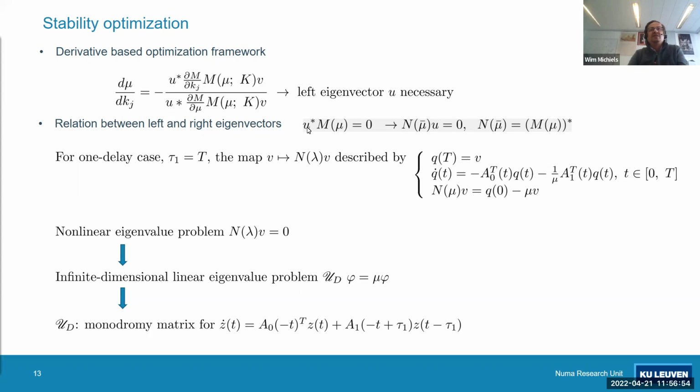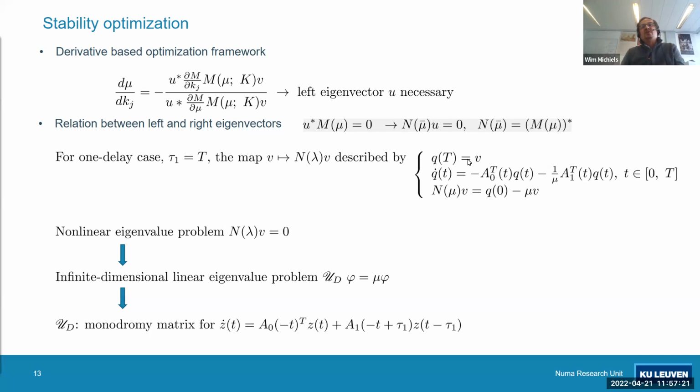The left eigenvector is equal to the right eigenvector corresponding to N of mu, where N is the complex conjugate of the non-linear function M. Now you can explicitly work out how to evaluate your N of mu.